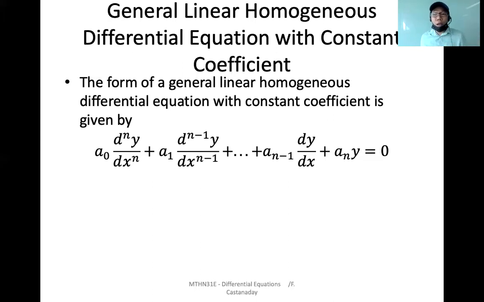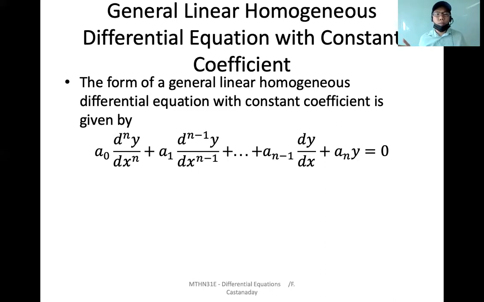Those are constants. That is the characteristic of this linear homogeneous differential equation with constant coefficient. And when it is equated to 0, we can say that this DE is homogeneous. This form of DE is linear in y. Of course, our dependent variable here is y, and our independent variable is x. And the right-hand side must be equal to 0.